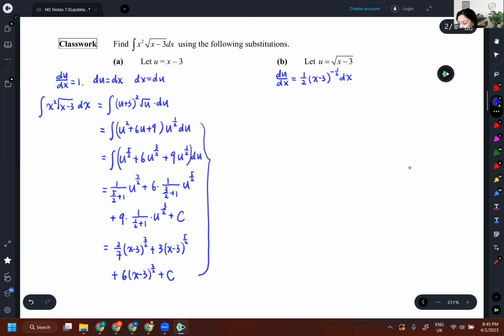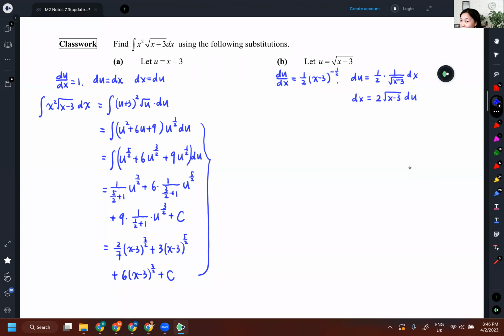Therefore, dx equals 2 times square root of (x minus 3) du. Like I said, this is not enough. You must change it to 2u du, and then your integral can work out.